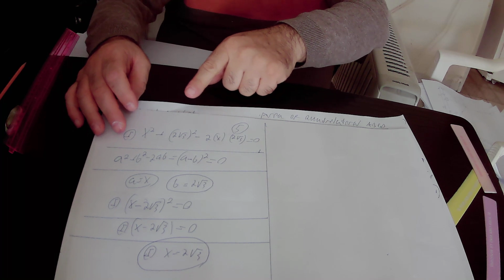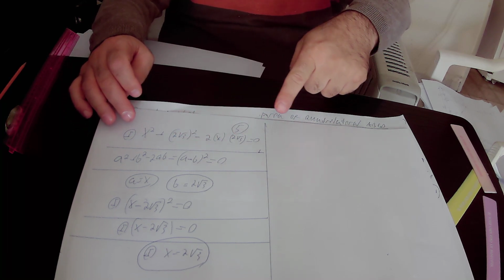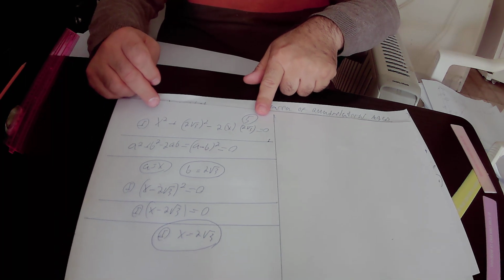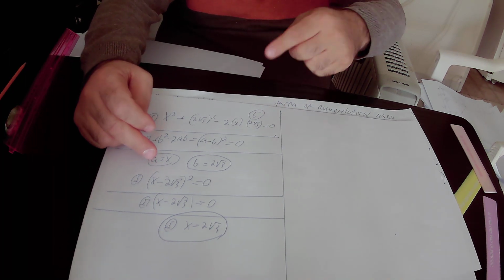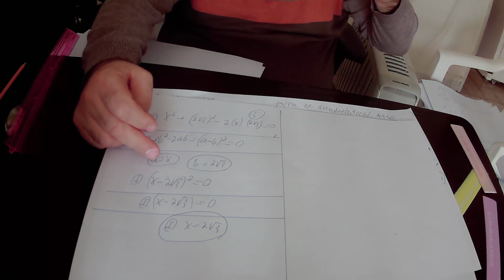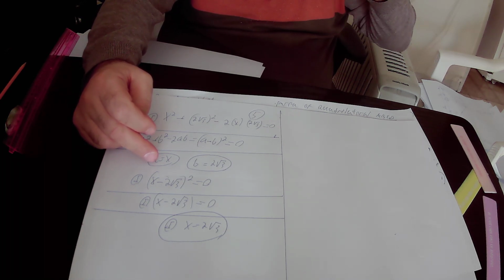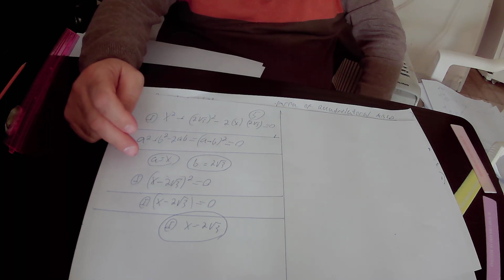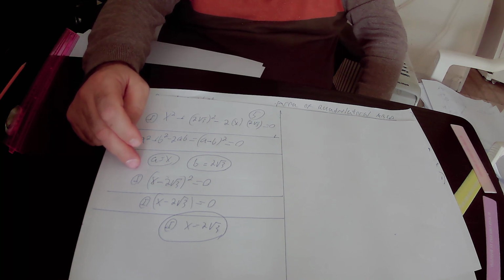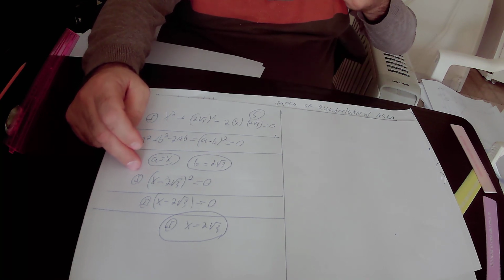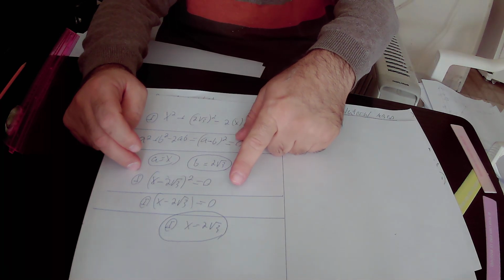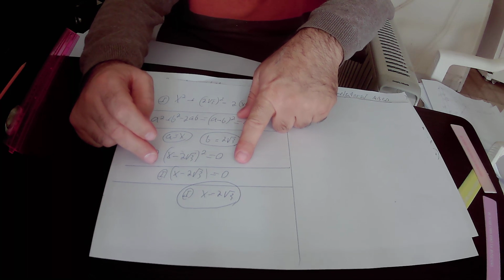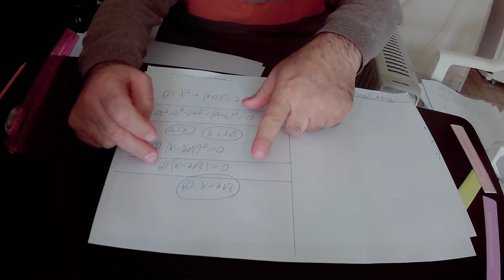So according to this algebraic identity, this expression equals (a minus b) squared, which is actually (x minus 2 times square root of 3) squared, and that equals 0. We took a root out of this equation, and we got that x minus 2 times square root of 3 equals 0. We added 2 times square root of 3 to this expression, and we got that x equals 2 times square root of 3 units.